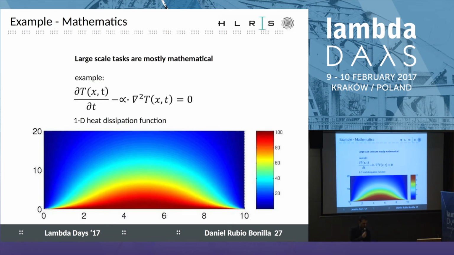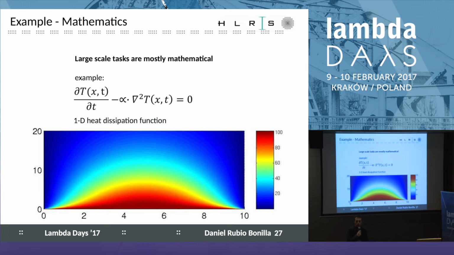So a simple example of how this is intended to work is the heat equation. We can use as an example the one-dimensional heat diffusion equation, where basically, imagine you have a 1D string, which is hot at some point, and you want to evaluate how it's cooling down, how the heat is spreading as time goes on.